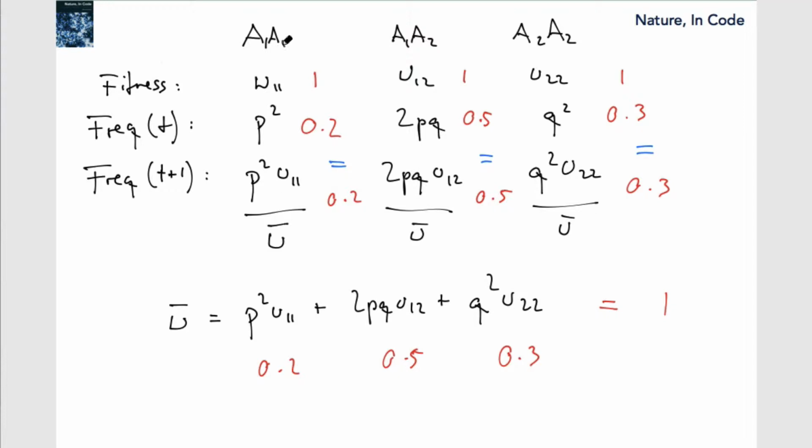As always, A1A1 is made up all of A1 alleles, so this frequency contributes directly to the allele frequency. And A1A2 genotypes are made up half of A1 alleles, so this frequency of the genotype contributes half of that to the allele frequency.